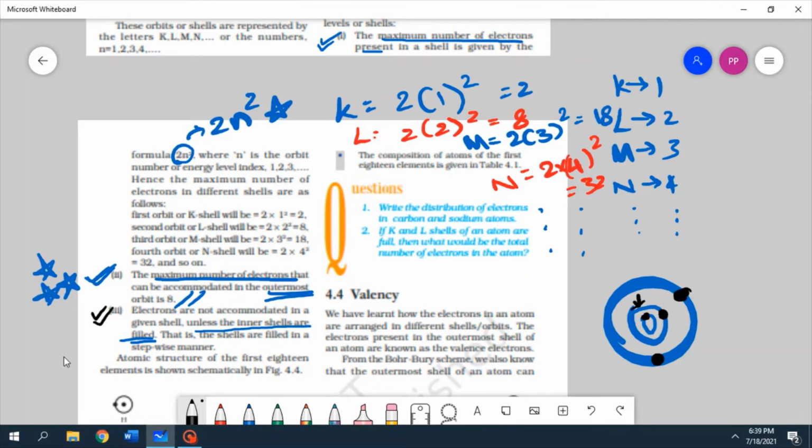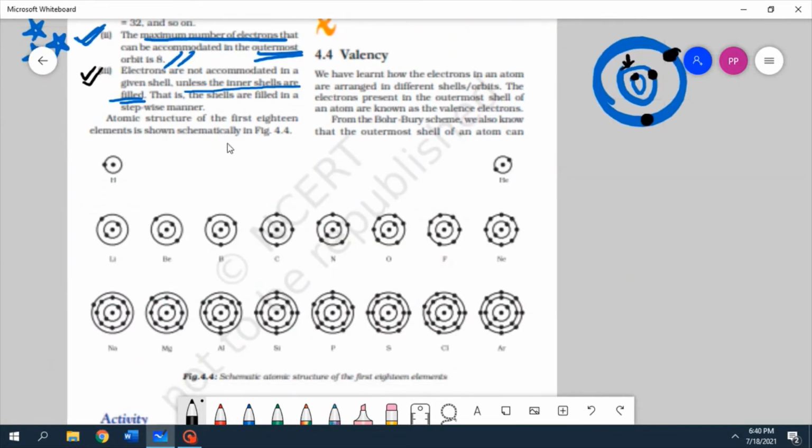So the atomic structure of the first 18 elements is shown here. This is very important. Go through this diagram, go through this representation, and make sure you understand what's happening. For hydrogen and helium, there's only the K shell, and the maximum capacity is 2 because of 2n square, so the maximum capacity for K is 2 electrons.